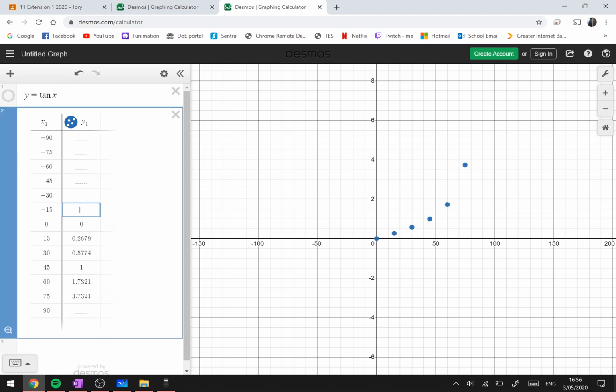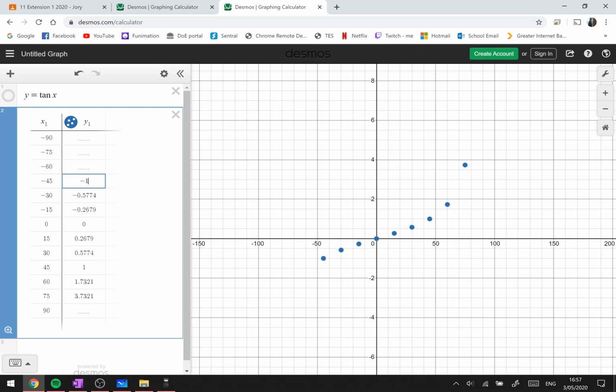Now, going the other way, tan of minus 15 degrees gives us minus 0.2679. So it's basically that same pattern again, but in the negative direction. Minus 30 degrees is minus 0.5774.